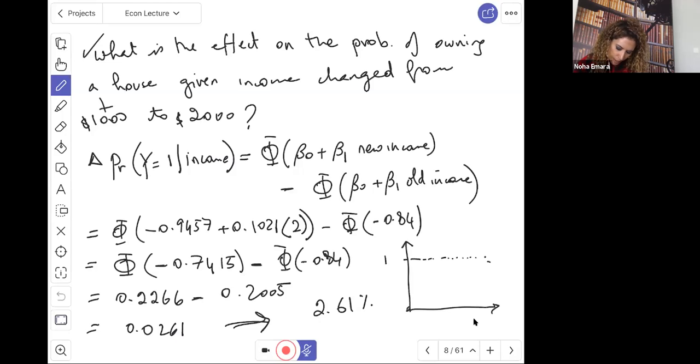So it takes an S shape, a smooth S shape that is bounded between 0 and 1. With a linear model, this is your income and this is your probability Y, and this probability would only be between 0 and 1. That's the advantage of the probit model. It takes an S shape, as you can see here, and we're going to also see it in our example. Any question?